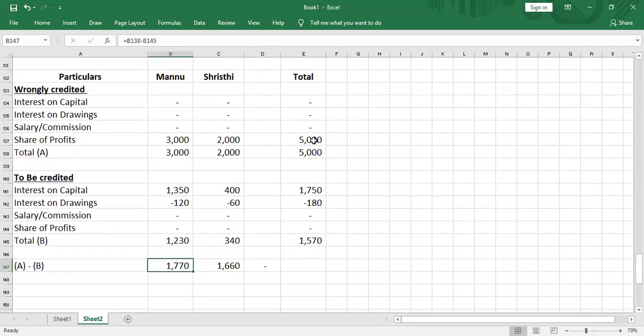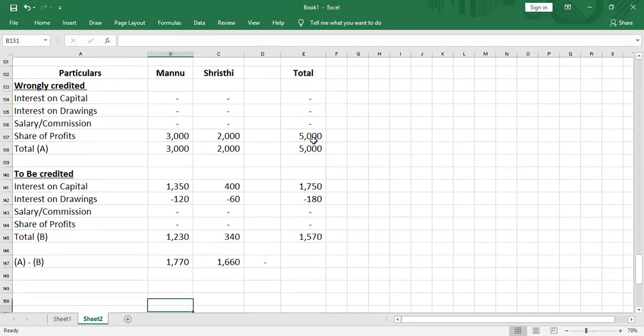So the total of A and total of B is: total of A is 3,000 and total of B for Srishti is 1,230. Oh, we're not done with the share of profits.